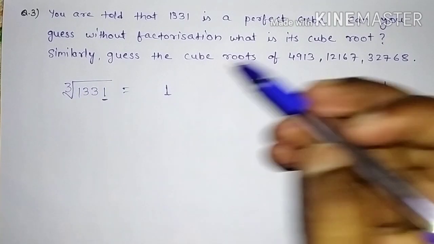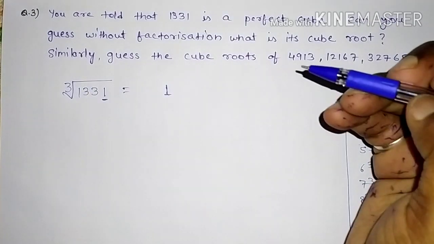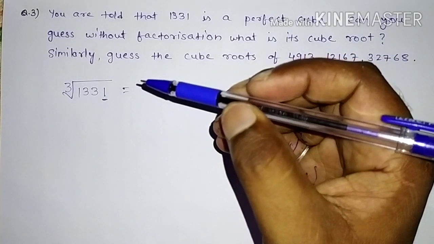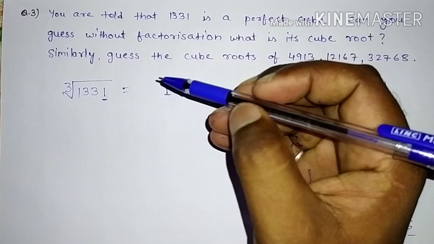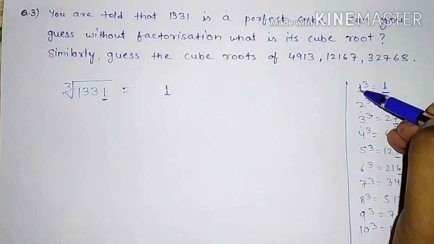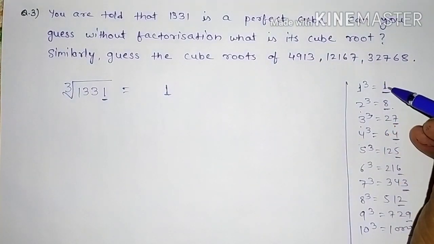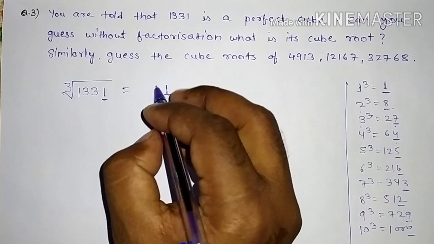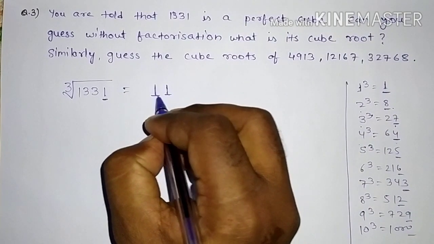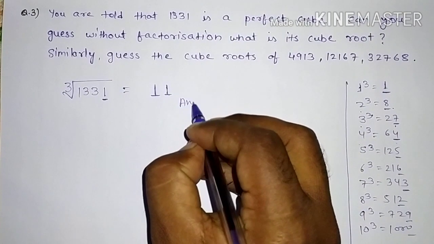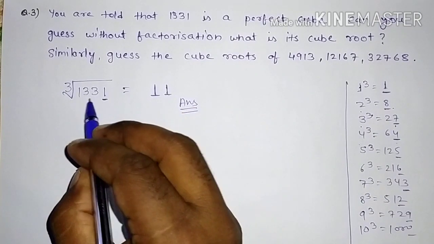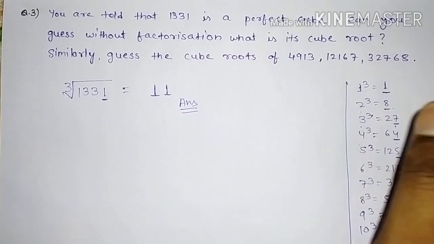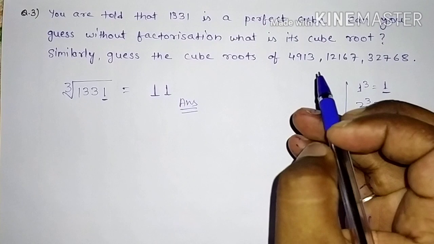The cube of 1 is 1, so 1 is that number. So we can write here 1. So 11 is the cube root of 1331. It's very simple. Now take another question.